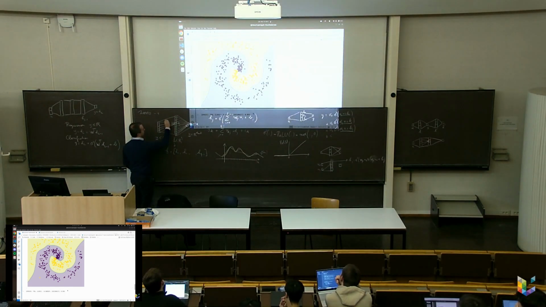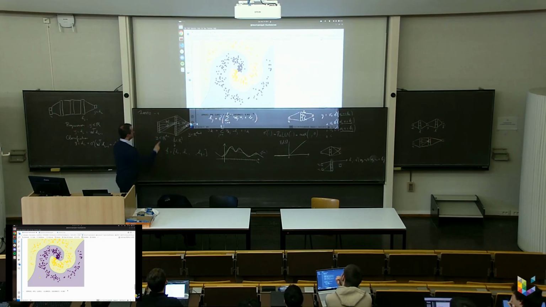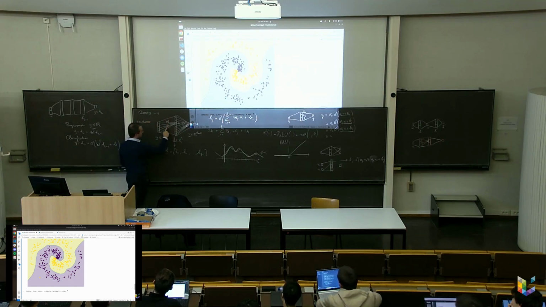We need a matrix here, and the offsets. This matrix is of size number of inputs, 2, times number of outputs, which in this case is the size of the hidden layer, 10,000. Then we have a vector b, which is the same size as the hidden layer, so plus 10,000.